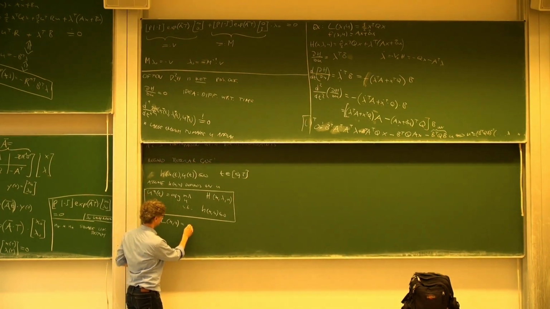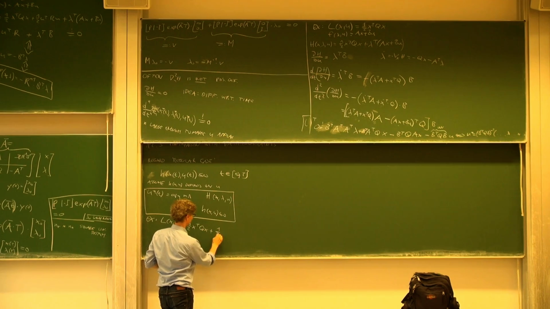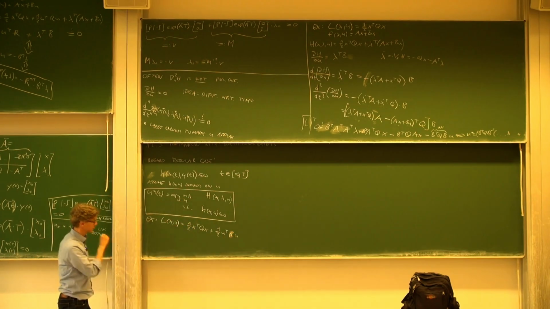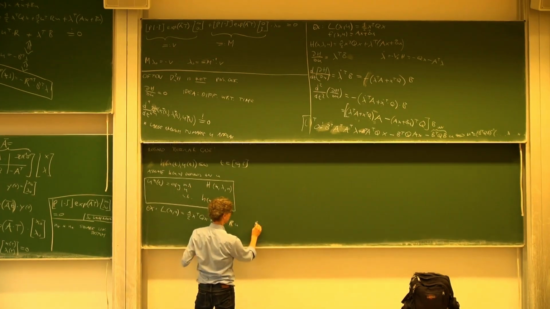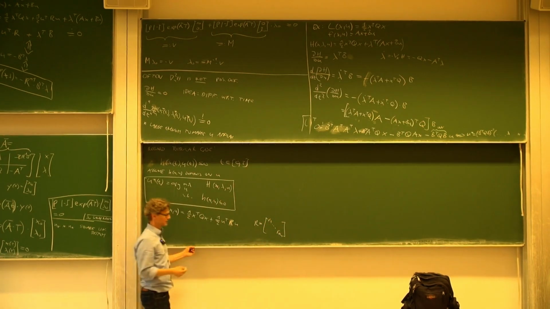I have 1/2 x transpose Qx plus 1/2 u transpose Ru. And my R is diagonal, with all these numbers positive definite.